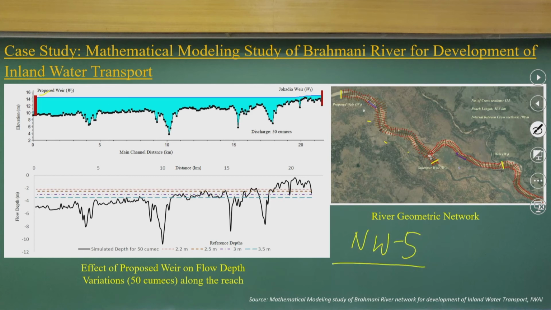This is a study we did as a group of hydrofluid groups. We tried to look at the design of the proposed weirs, their dimensions and locations.